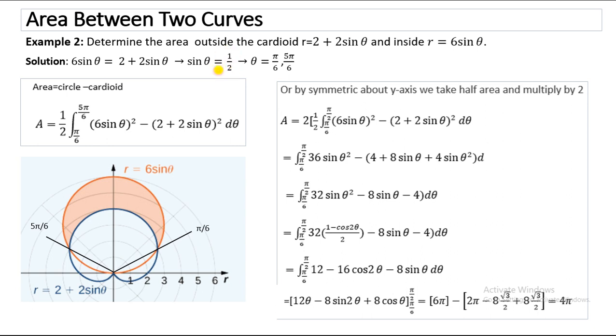In the first quadrant, theta equals pi over 6. In the second quadrant, pi minus pi over 6, I will have 5 pi over 6.